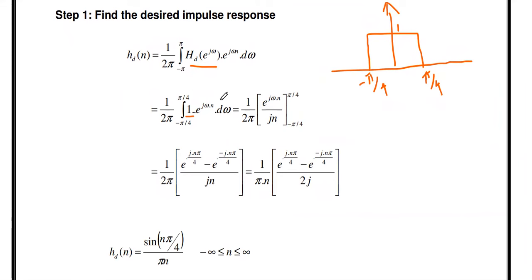Then we have to integrate it. If you integrate, you get e power j omega n divided by j into n, with the limit minus pi by 4 to pi by 4. So you substitute the upper limit and lower limit. First, substituting the upper limit, e power j n pi by 4 minus e power minus j n pi by 4, divided by jn.